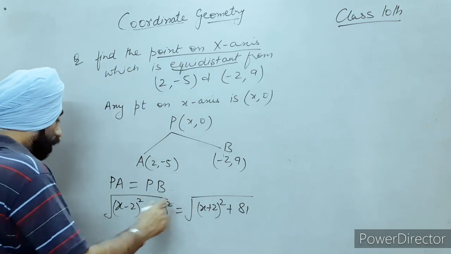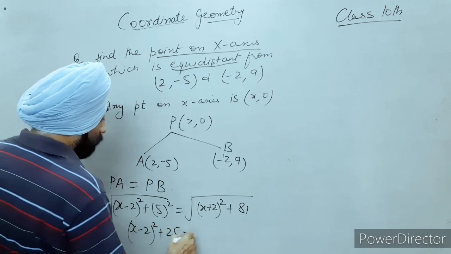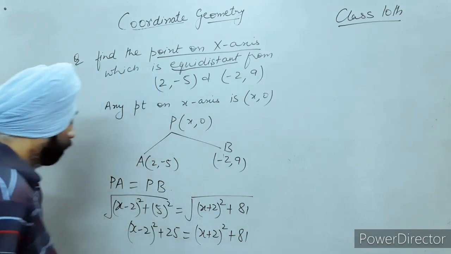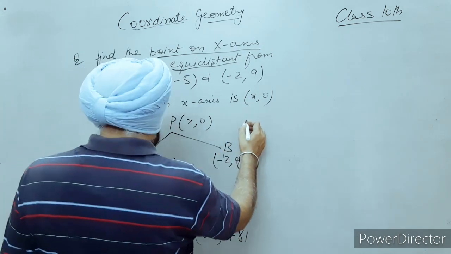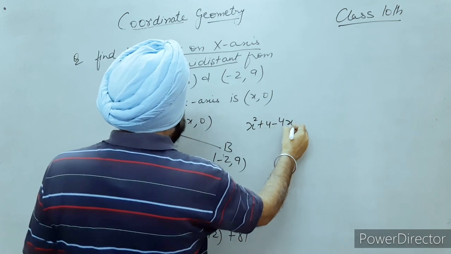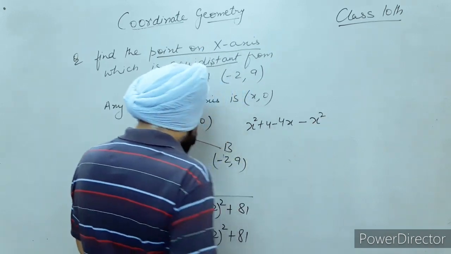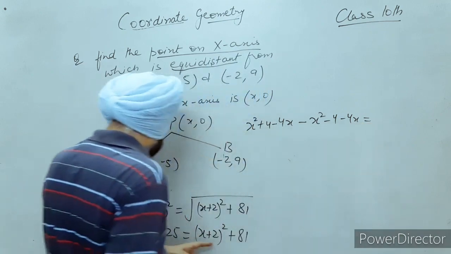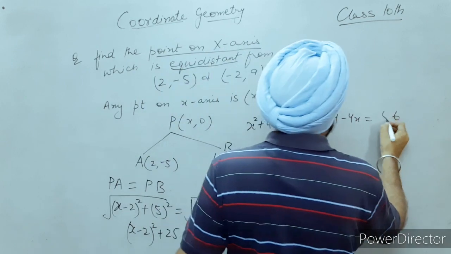Now square both the sides. I get (x - 2) square plus 25 equals (x + 2) square plus 81. We have to solve this equation. Open the brackets: x square plus 4 minus 4x, then bring this to the left hand side, minus x square minus 4 minus 4x, is equal to 81 minus 25, that is 56.